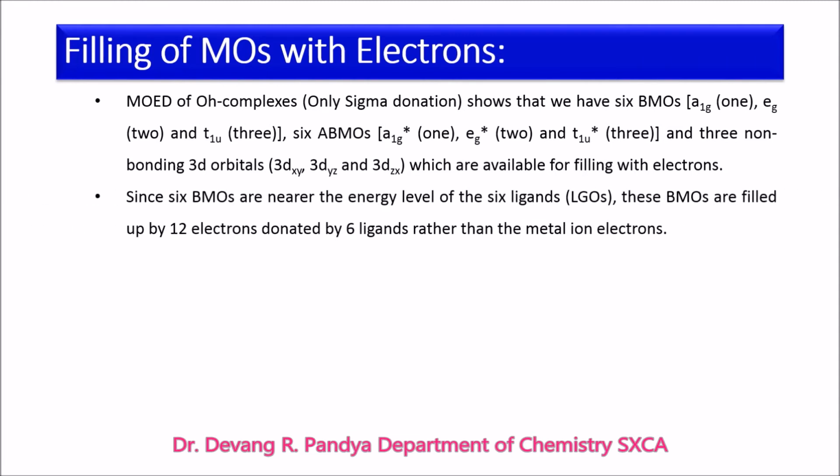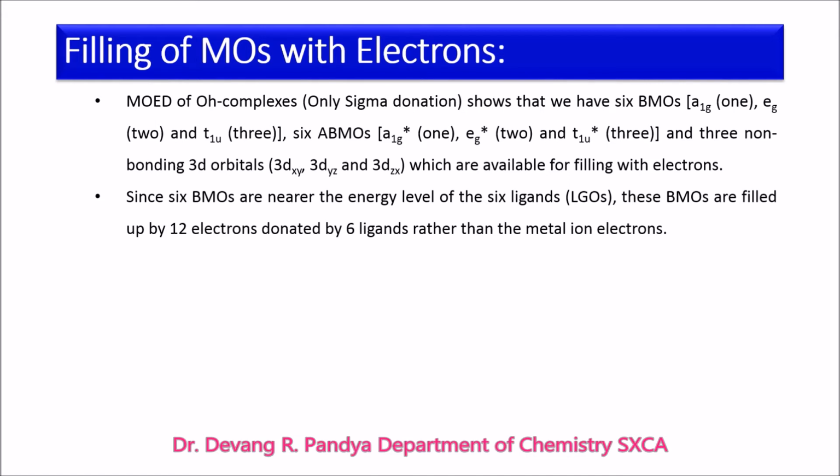Since the 6 BMOs are nearer to the energy level of the 6 LGOs, these BMOs are filled by 12 electrons donated by 6 ligands rather than the metal ion electrons, because they remain closer to LGO. Electrons of LGO which are donated to the metal ion occupy these 6 BMOs. 6 BMO means 1 A1G, 2 EG and 3 T1U.